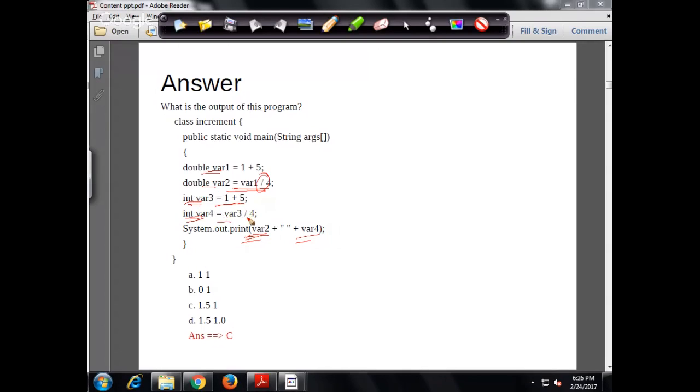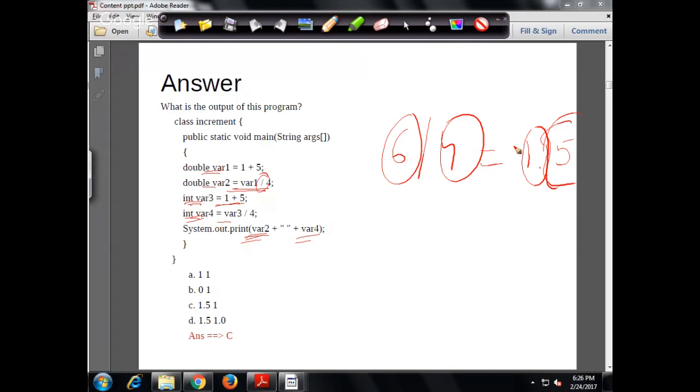So an integer divided by integer, though the answer will be like 6 by 4 equals 1.5, but this time, since this is an integer type and this is also an integer type, this 0.5 will be trimmed off and only 1 will be shown in the print statement. So here, this way, for variable 2, 1.5 is printed, and for variable 4, 1 is printed. So this is the way it works.